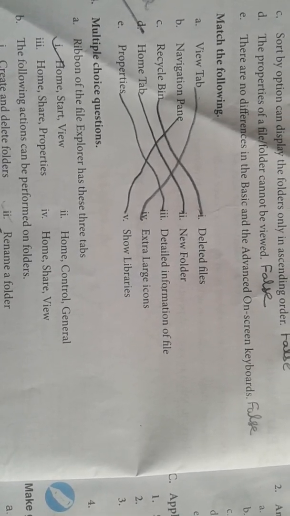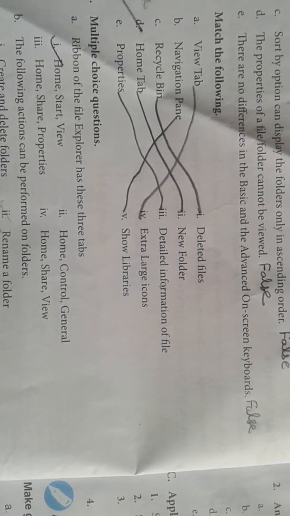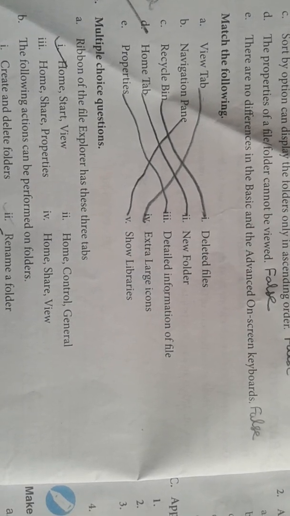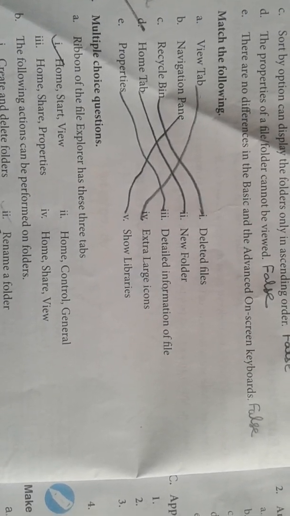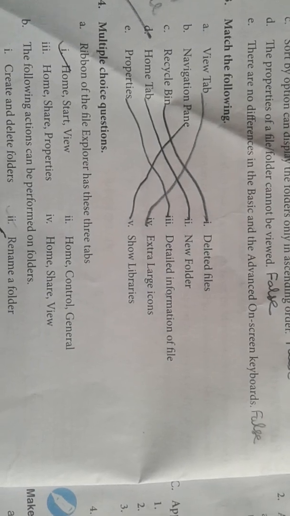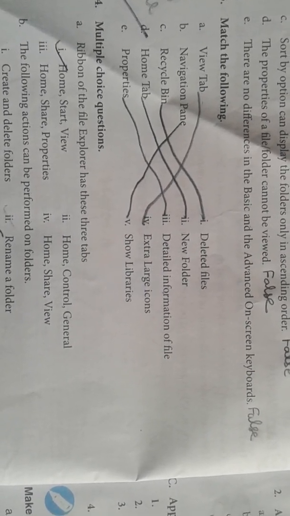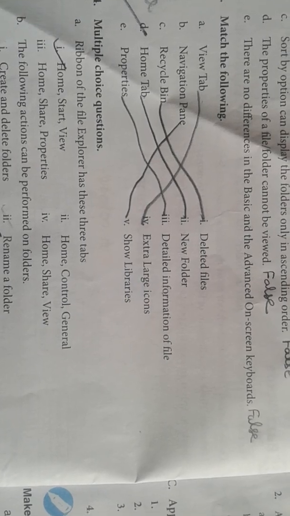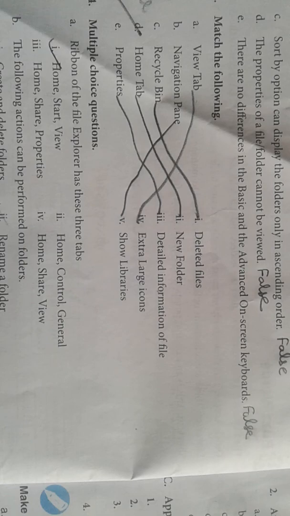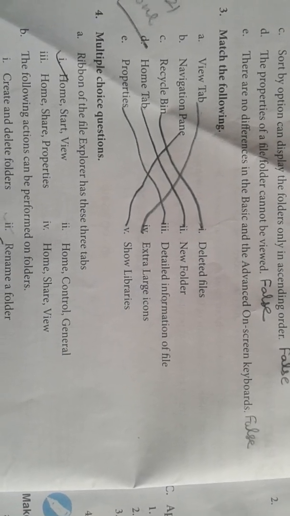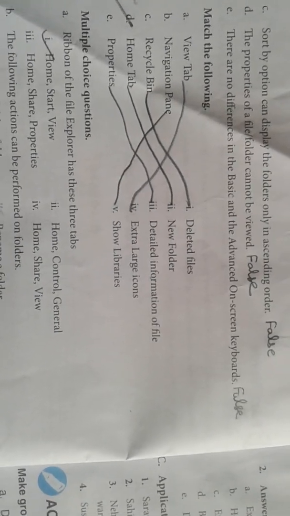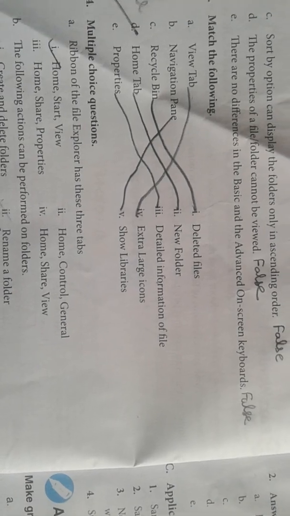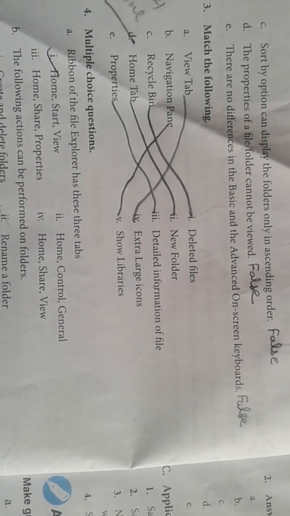Sometimes the files and folders are unfortunately deleted from our system by mistake. So for example, we are working for 1 week on one file, and unfortunately that file gets deleted by mistake. So what happens? We can restore that particular file from the recycle bin itself.